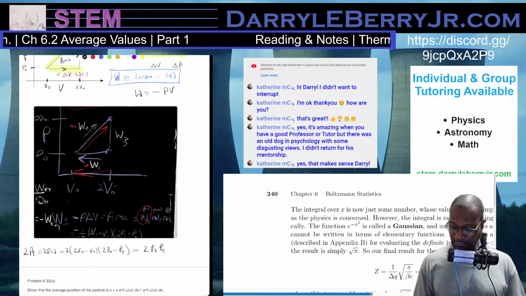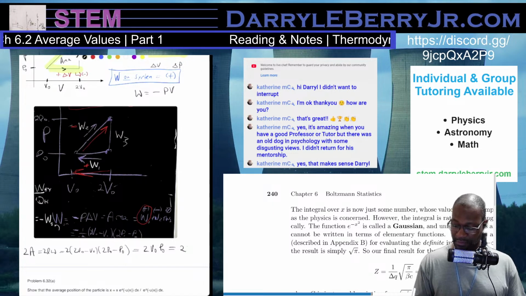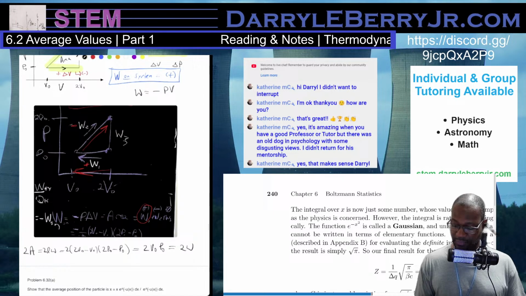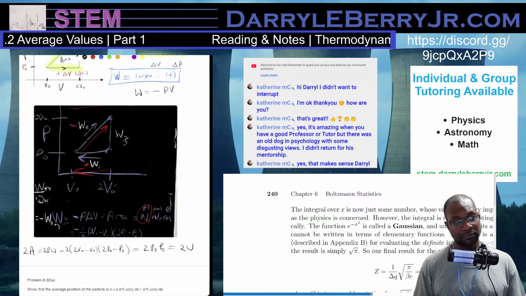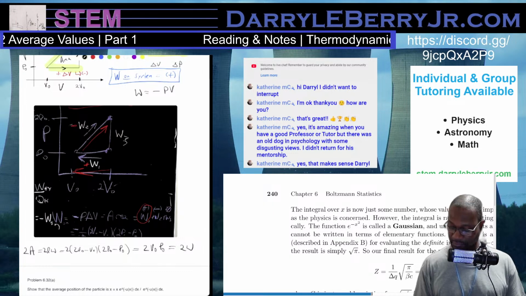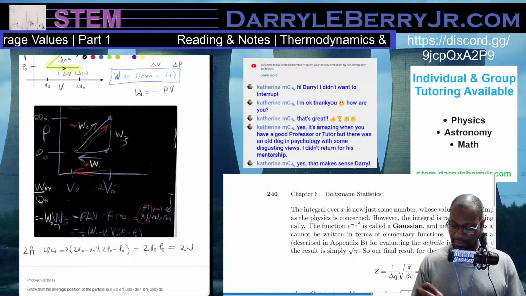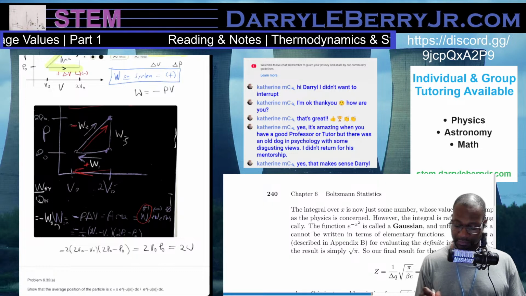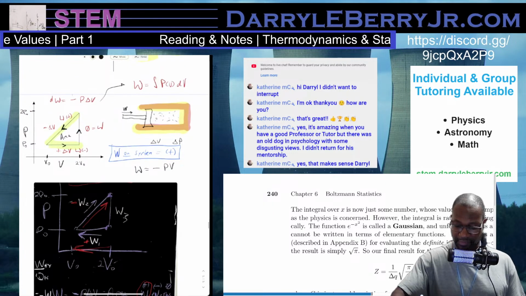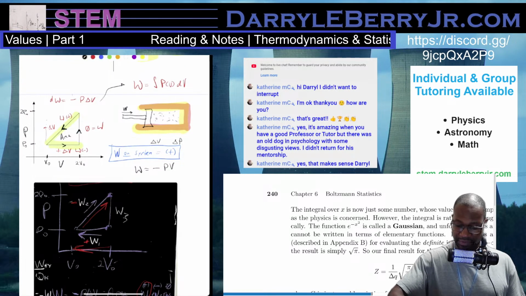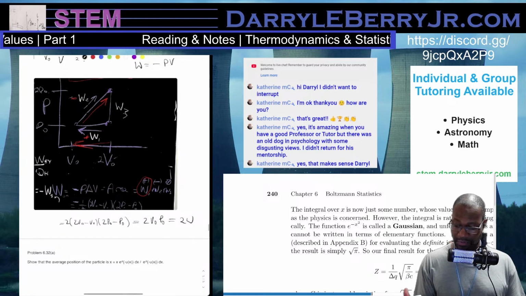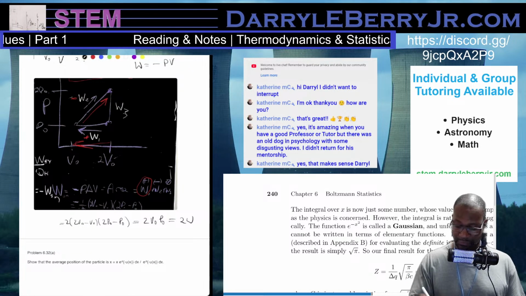Awesome. And what's the last thing I have to do here? So that's twice work. Okay. So the entire area, if I take the area of this entire triangle, it's twice the work. Okay.